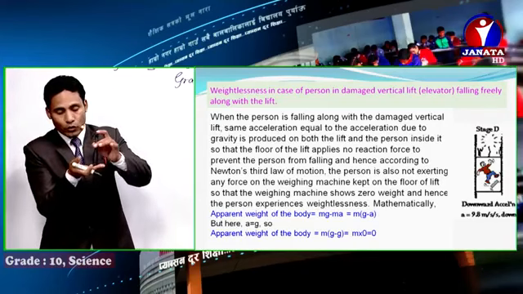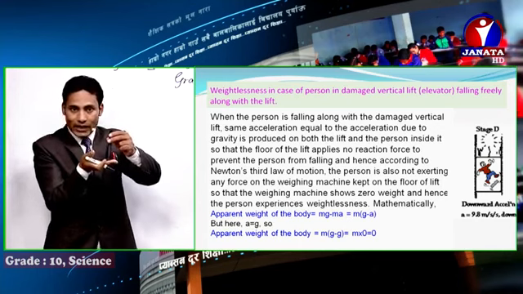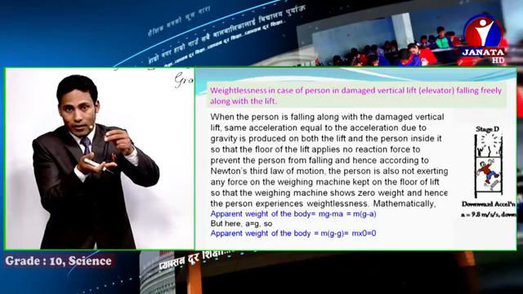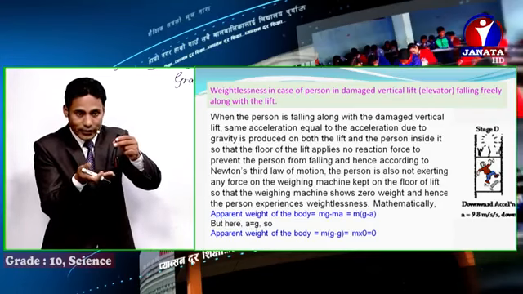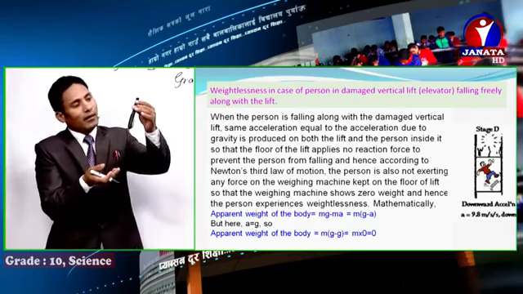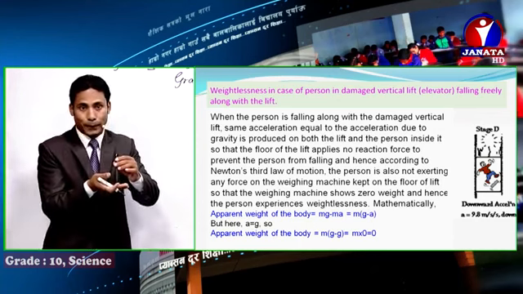Right now, when it is stationary, the weight acts downward and the same amount of force acts upward. The base of the lift pushes upward, and the person's weight acts downward. Clear?